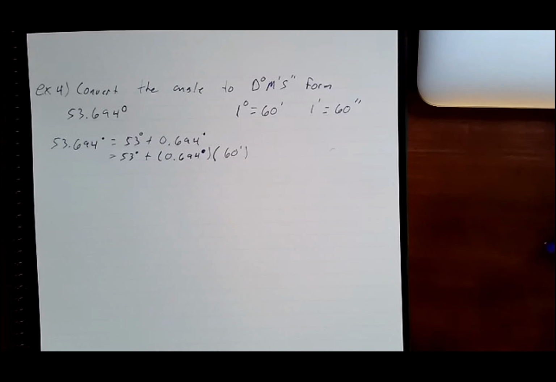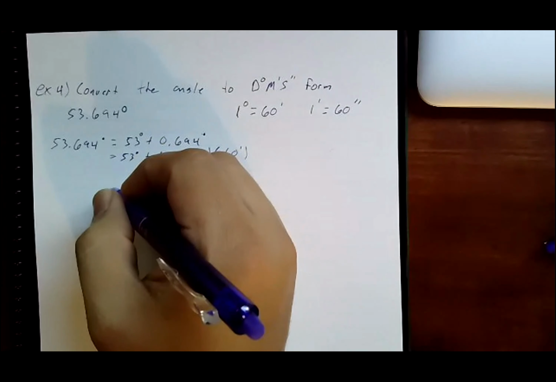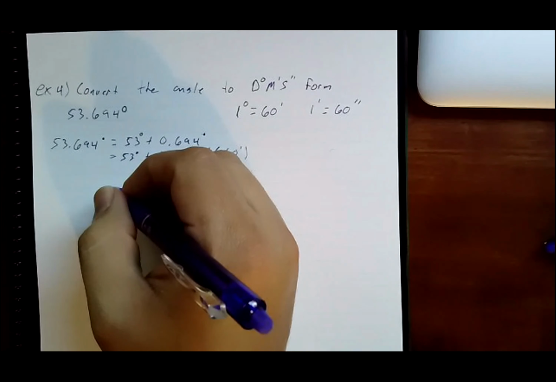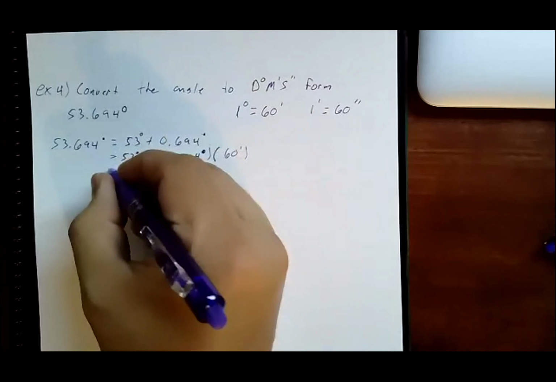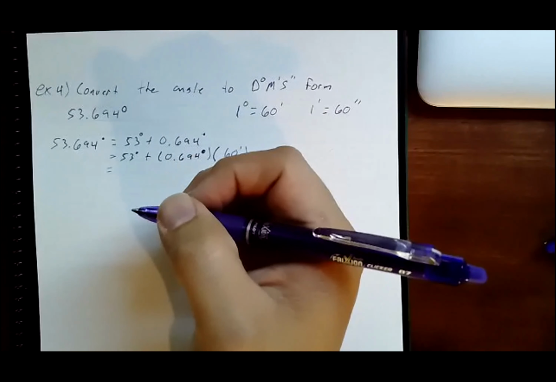Okay, let's use our calculator. 60 times 0.694 will give me 41.64.